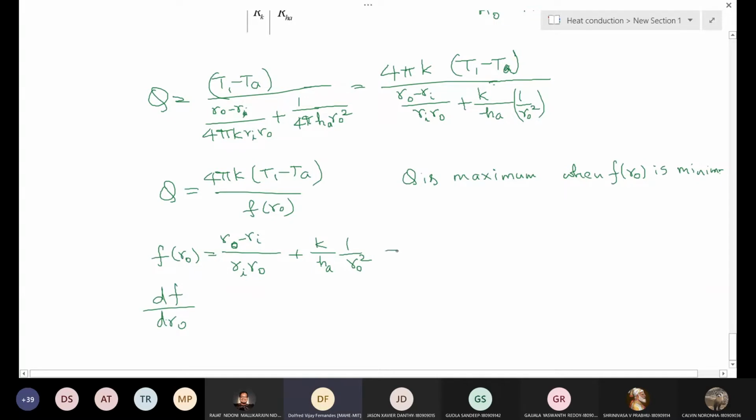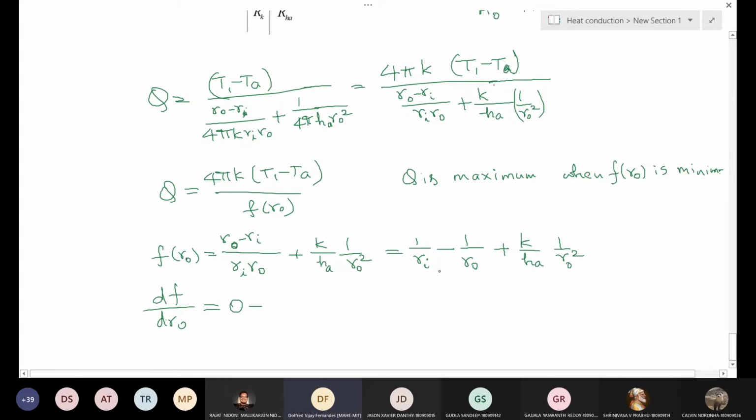Again, I will expand the first term so that it will be easy for us to differentiate. So I can write this as 1 by Ri minus 1 by Ro plus K by HA into 1 by Ro square. Now if you differentiate this function with respect to R0, the first term will be 0.